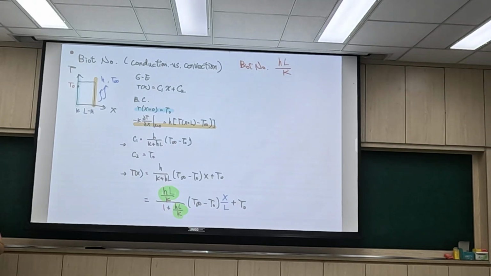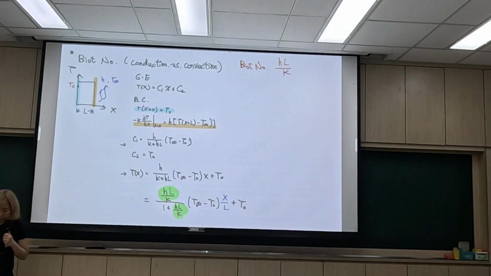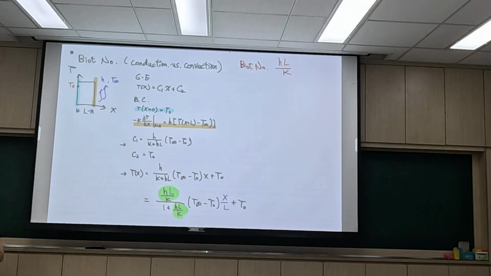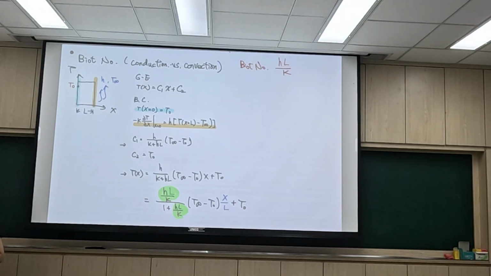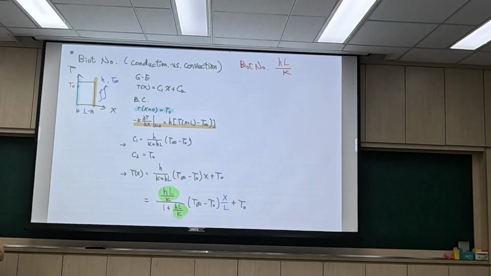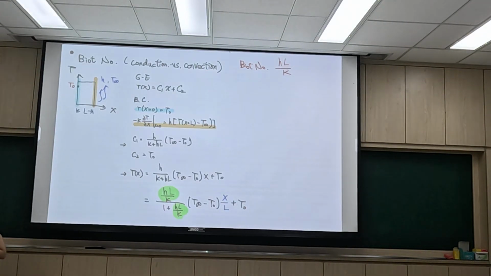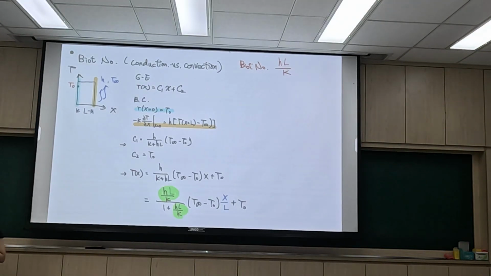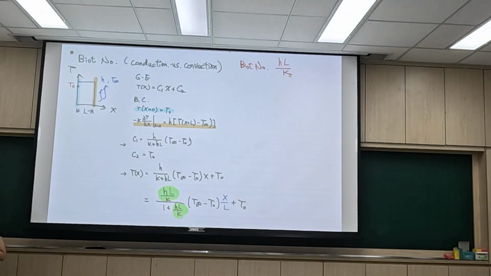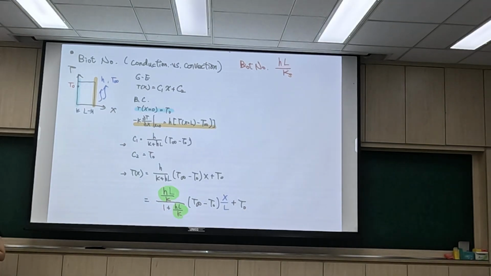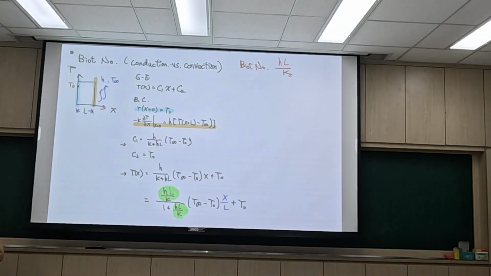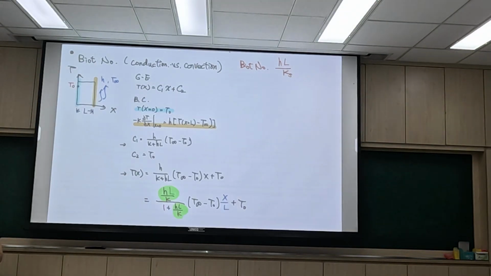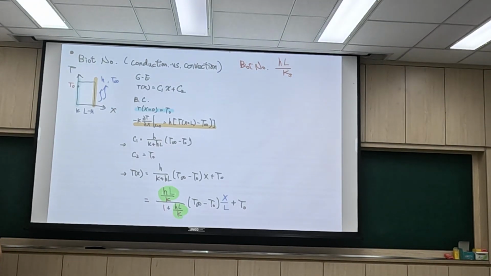So the Biot number, like the Reynolds number, is defined as the convection coefficient times the characteristic length, divided by the conduction coefficient. I would like to remind you that the K here must be for the solid, because in a later chapter, chapter 4, we are going to introduce a K specifically used in fluid.